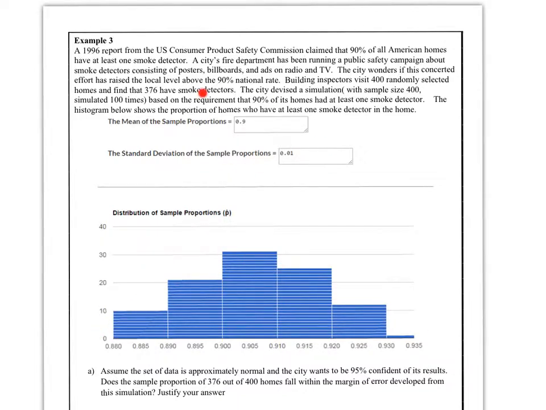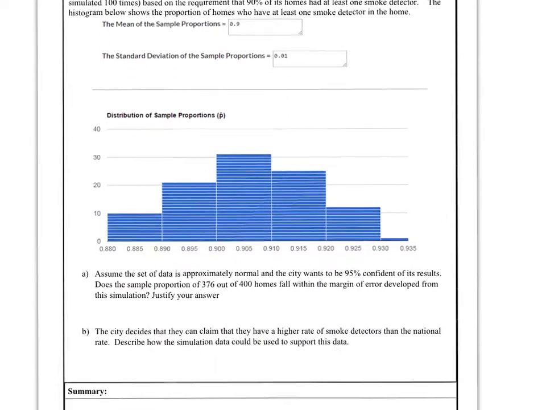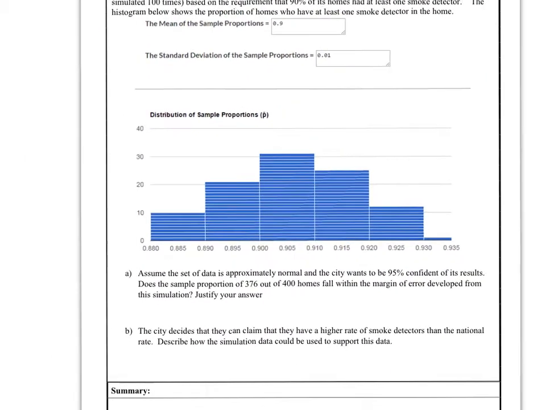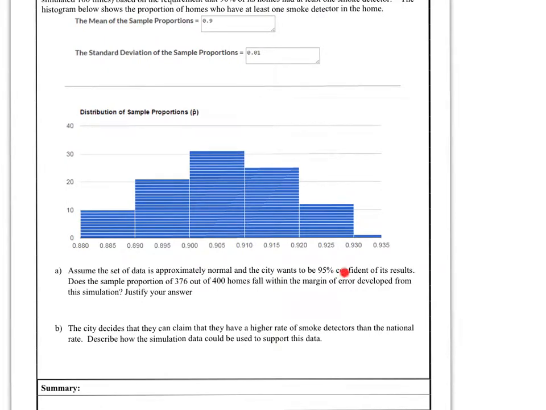These are the results of the simulation, and they want us to figure out, when we do our 95% confidence interval, does the sample of 376 out of 400 fall within the margin of error? So I'm going to have to write really small here. Give me a second.